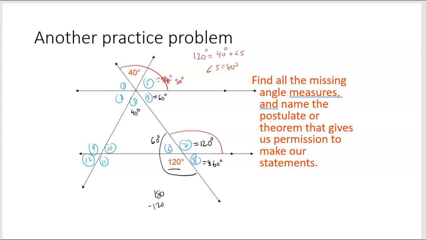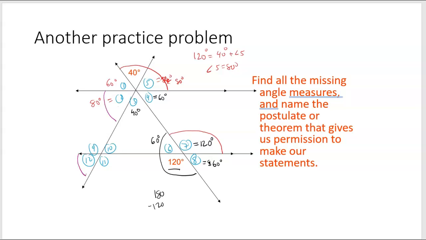Now, once I know 5, I also know 2. Once I know 4, I also know 60 as angle 1. All right, what else do I know? Okay, I know that angle 2 is in the same position as angle 12.